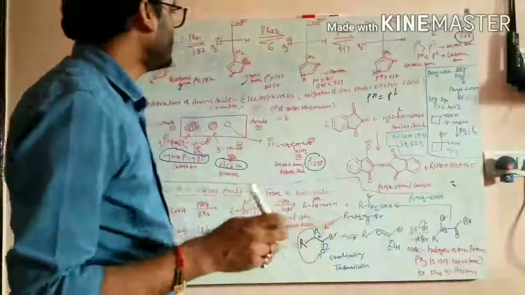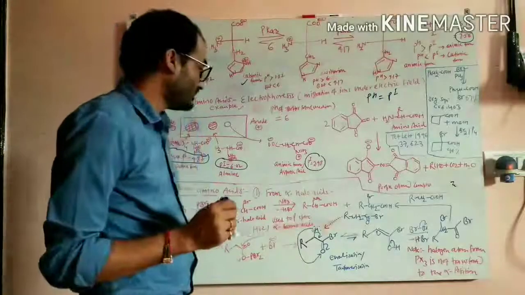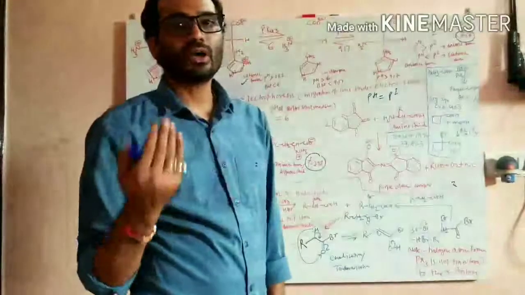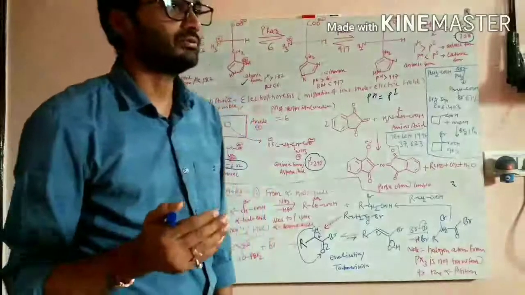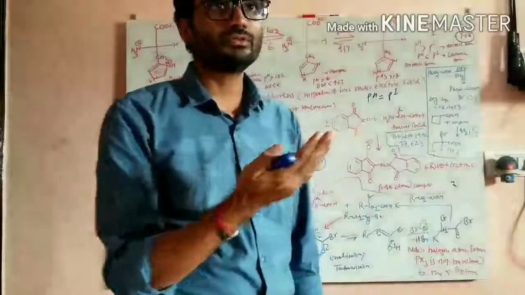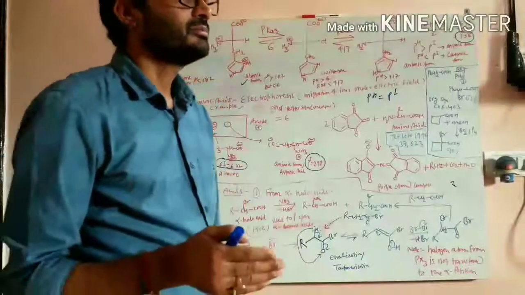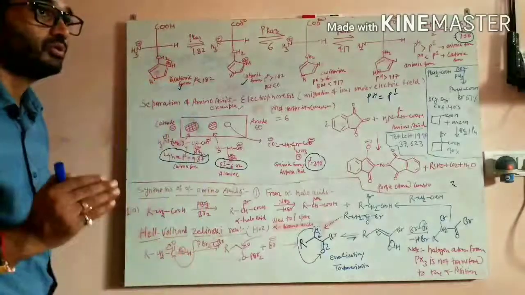Now we are moving to the next part, that is synthesis of alpha amino acids. How will we synthesize these amino acids in our own laboratory? Amino acids are naturally occurring molecules. They occur in nature, but how can we synthesize these molecules in our own laboratory?